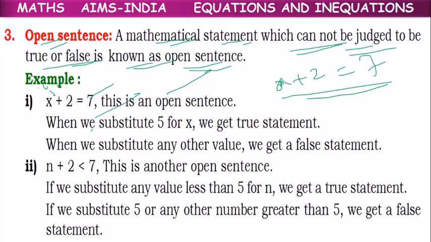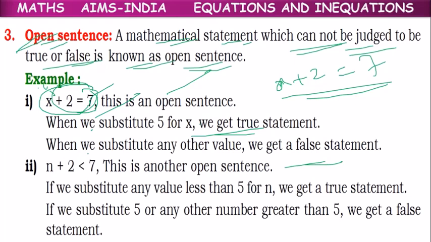So it can be true, it can be false. Sorry, children. The same sentence can be true or false depending on the values. So which is not the definition of a normal mathematical sentence. So it's an example of an open sentence.